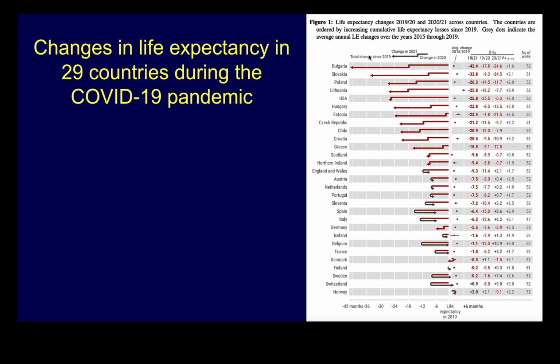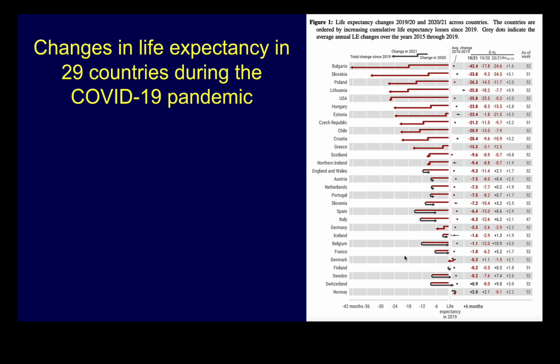And this is ranked by the overall decline in life expectancy. The USA is only fourth here in the world, and just the early estimates suggest that we weren't able to turn around the declines in life expectancy that were happening during COVID the way that some other countries were, such as places like Spain and Italy and Belgium.